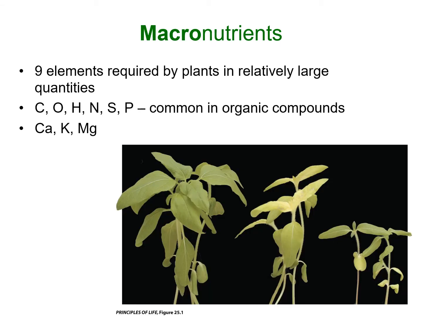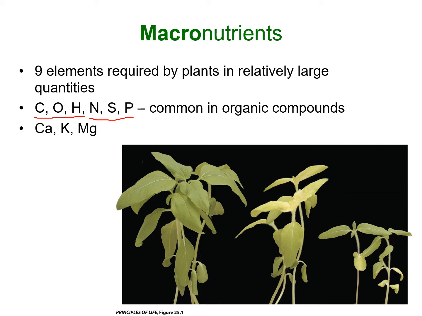So the first group of nutrients we call macronutrients, macro being large, and this is because these are the elements, 9 of them, which are required by plants in relatively large quantities or concentrations in the soil to be available to take up. And the macronutrients are those elements that are involved in organic molecules, carbon, oxygen, and hydrogen, but also nitrogen, sulfur, and phosphorus.